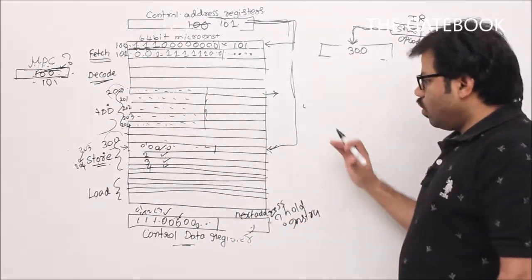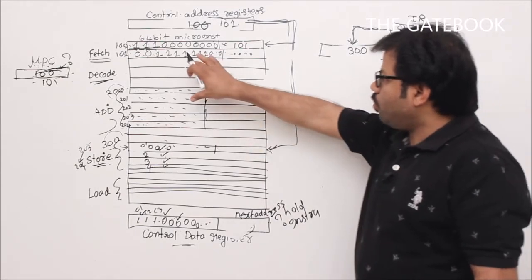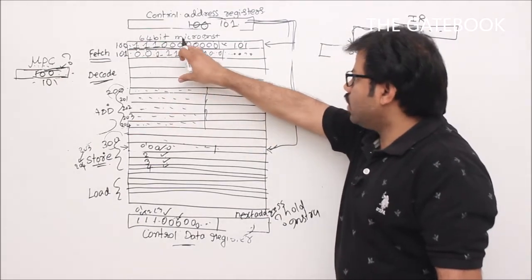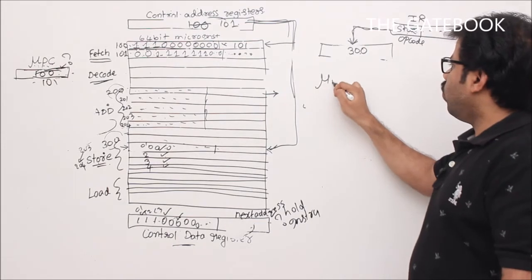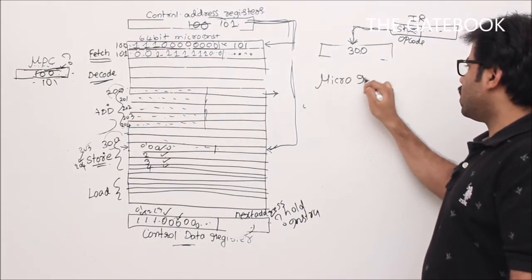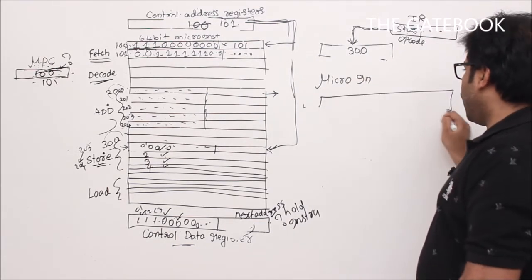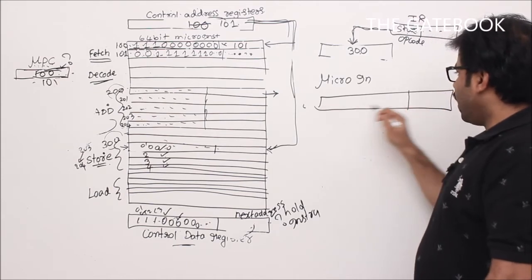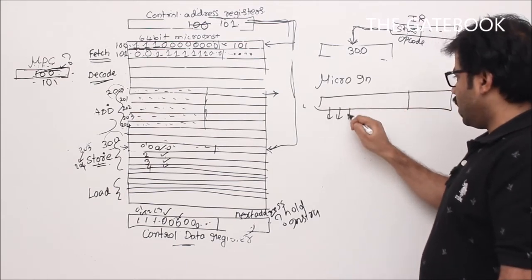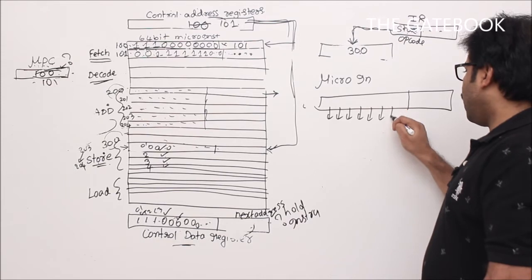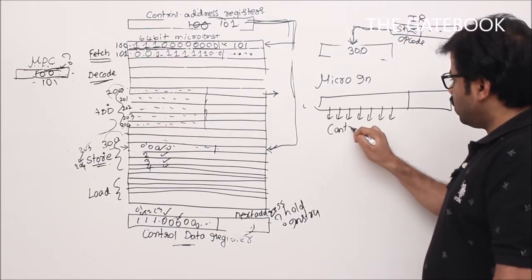Now slowly you realize, if you see the micro instructions, what should be the structure of your micro instruction? A micro instruction should contain at least two parts. One is for generating the control signals, correct? So this part is going to generate the control signals.